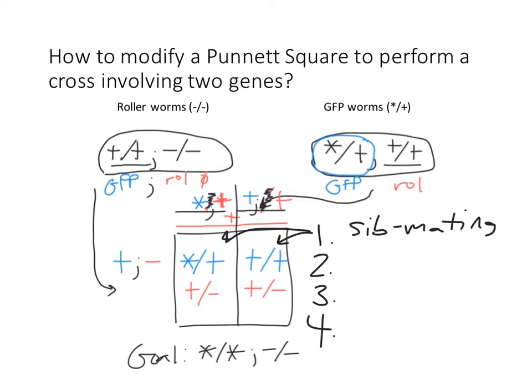What else would you do? Let's just brainstorm. Who else is on here? Who do you want to cross together? Pick a cross, any cross. They're all just as good for discussing. What do you think?